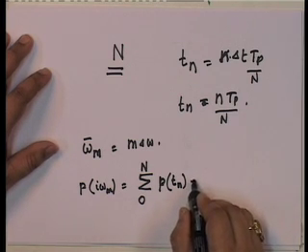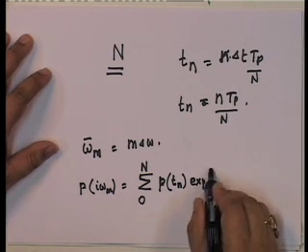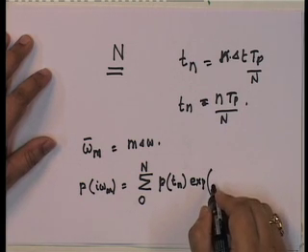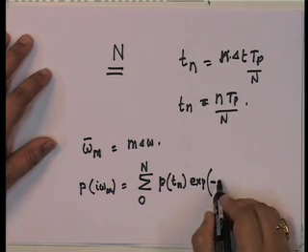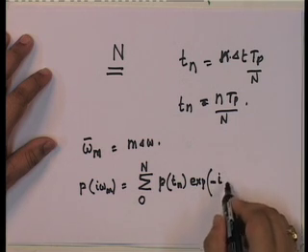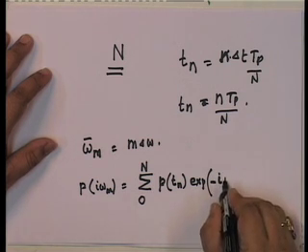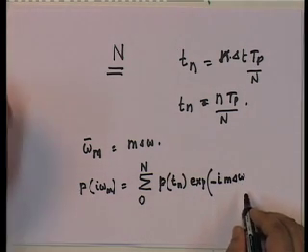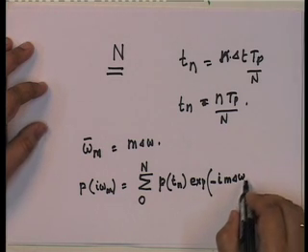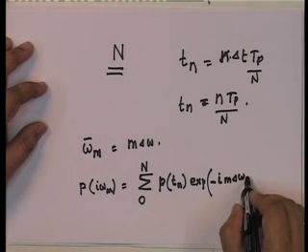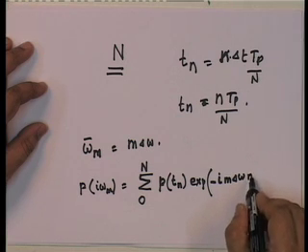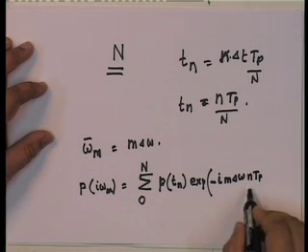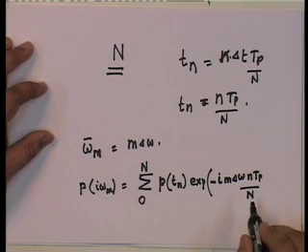But more importantly is the exponential term. Exponential term is what? It is equal to, I have minus i. Now, omega m is equal to m delta omega, right. Now, delta omega into Tn. Tn is equal to n Tp upon N.